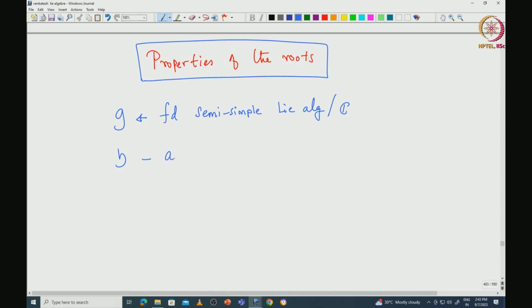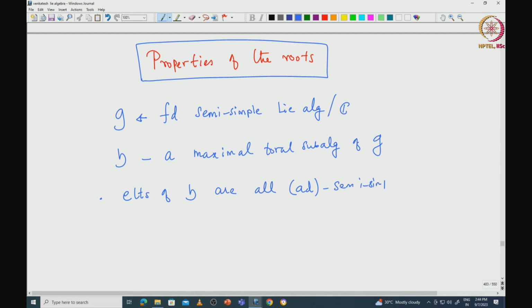Let us say H is a maximal toral subalgebra of G. That means the elements of H are all ad semi-simple elements inside G. So, when you take x from H, ad x acts semi-simply on G.